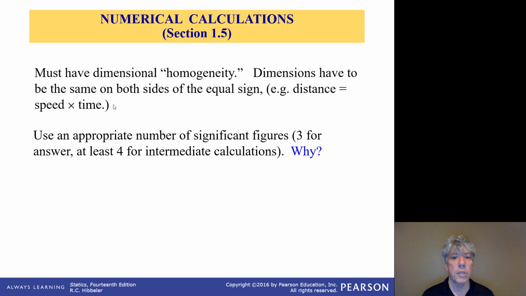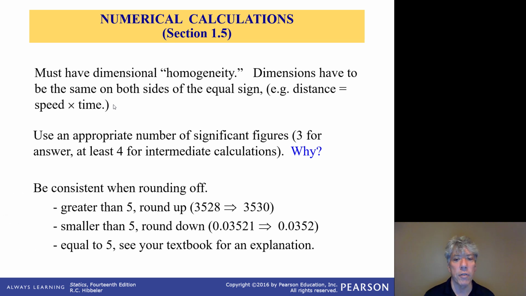Another thing that's really important is to use an appropriate number of significant figures for intermediate calculations as well as your final answer. And what I usually do is I'll try to keep numbers in my calculator, so it's a whole bunch of numbers, and I don't get a lot of round off error. So you have to be really careful because, if you continuously round off in multiple steps, you can get farther and farther away from an accurate, precise answer.